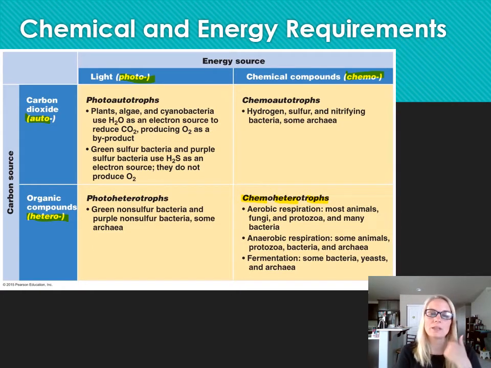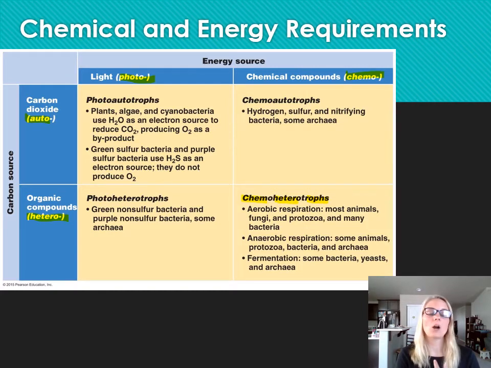So chemoheterotrophs, that's a clue. That tells you these organisms get their energy from breaking down molecules. They strip their electrons away from chemicals. That's the chemo part. And then the hetero part lets you know that the carbon that they use to build more of their own molecules, like what they need to use to make amino acids and carbohydrates and nucleic acids and fatty acids, they get from consuming organic compounds.